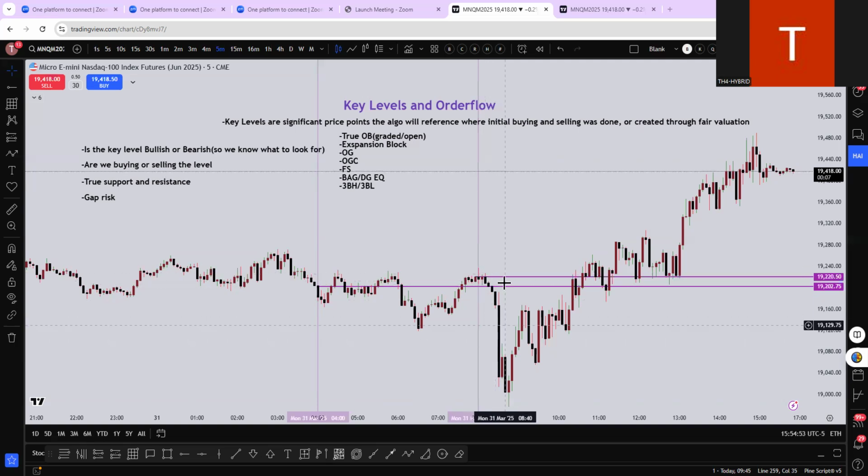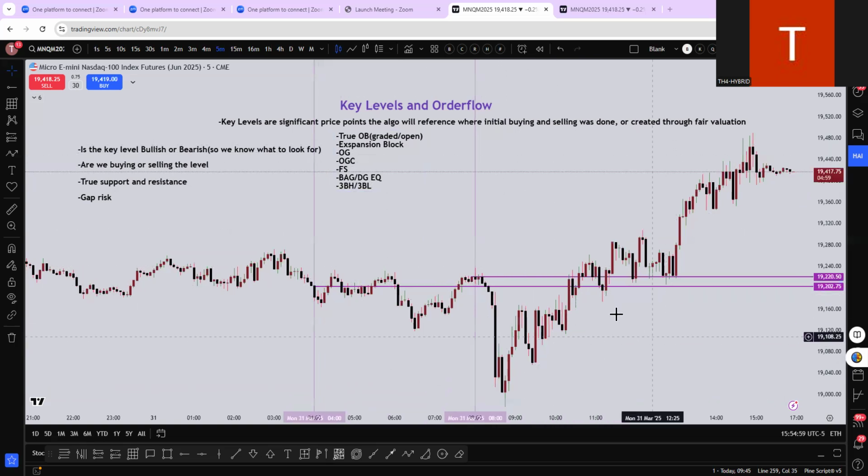So those price levels will be referenced along with these other key levels we're going to go over. But before I go over the key levels, you need to understand how to read them and what they mean. First, we need to know, is the key level bullish or bearish? So we know to look for a bullish fractal or a bearish fractal when we get there.